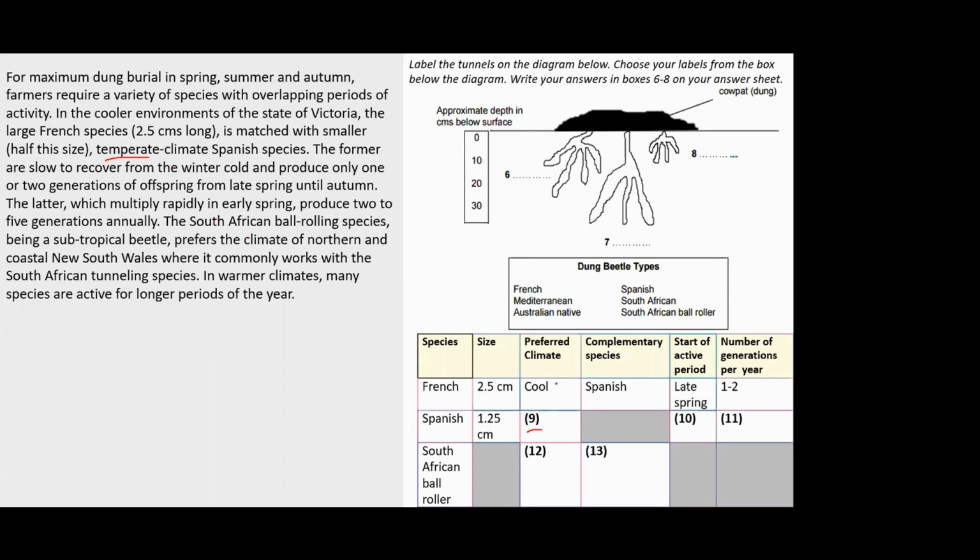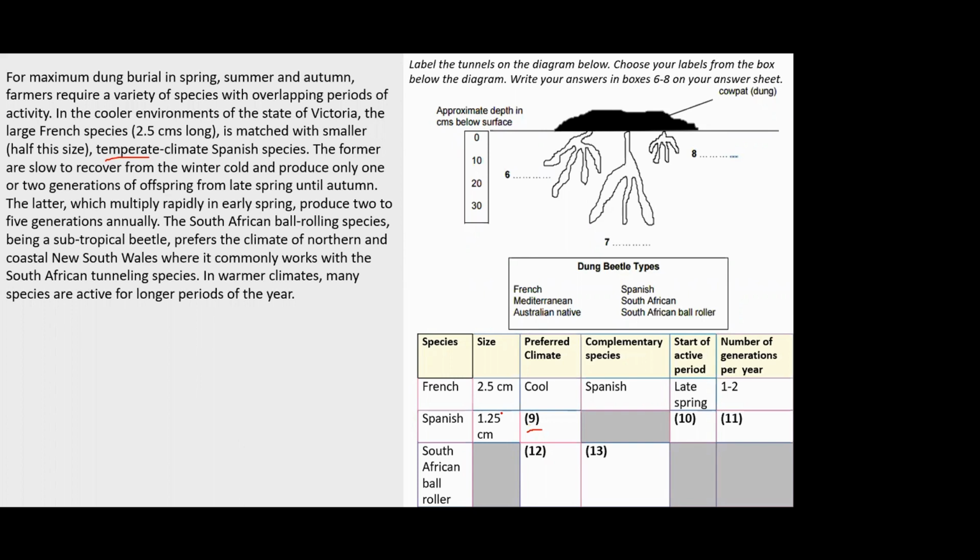Anyway, one thing to keep in mind is the other words in the table will kind of help you know which word form to use. So in French here, it just says cool. It doesn't say cool climate. So for number 9, when we write our answer, we just write temperate.